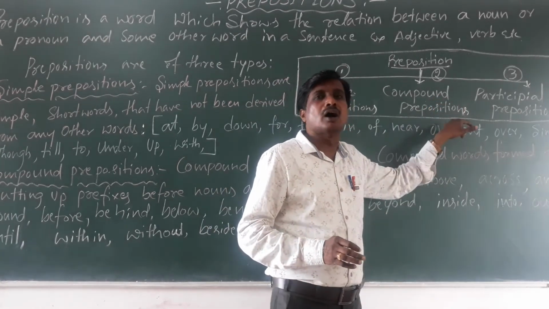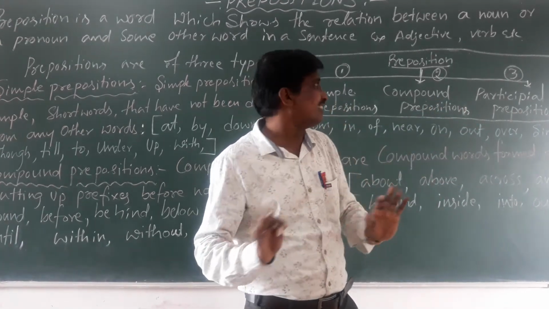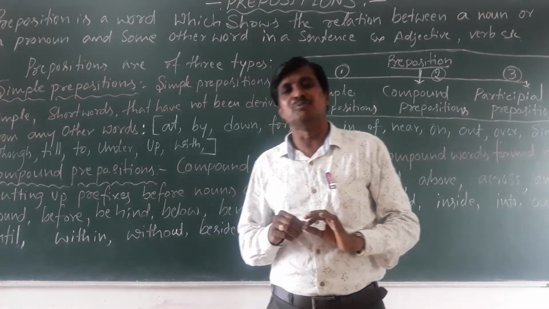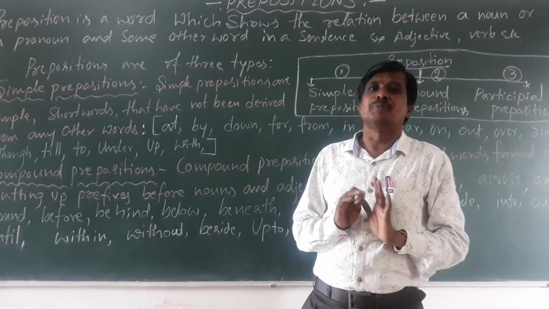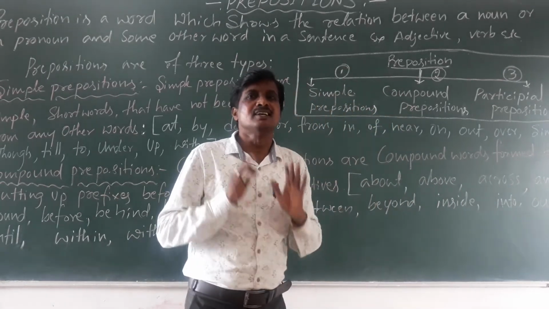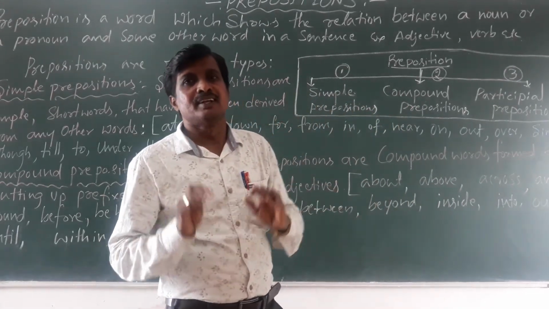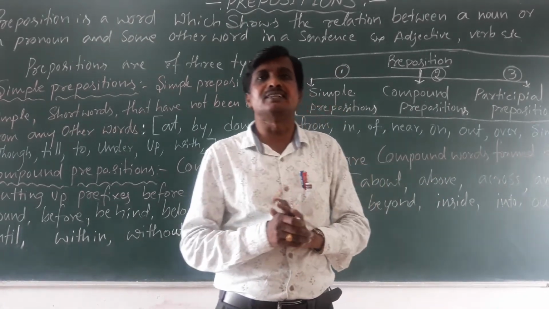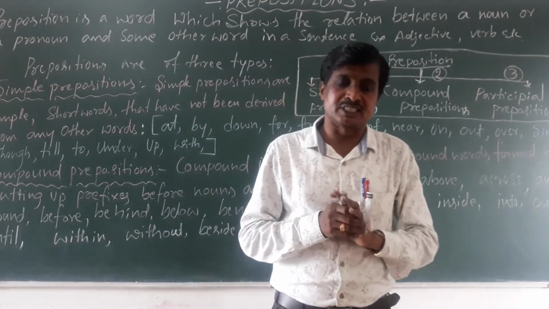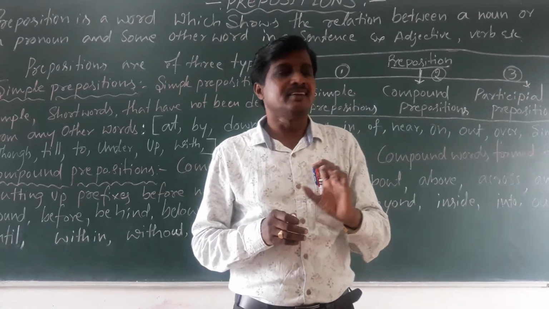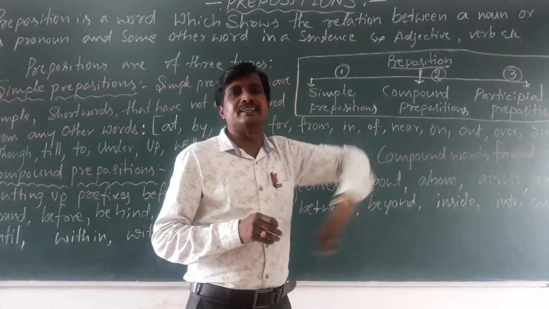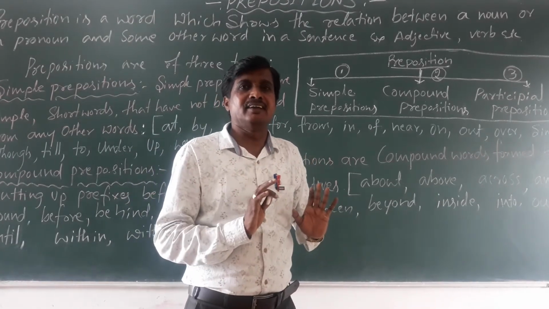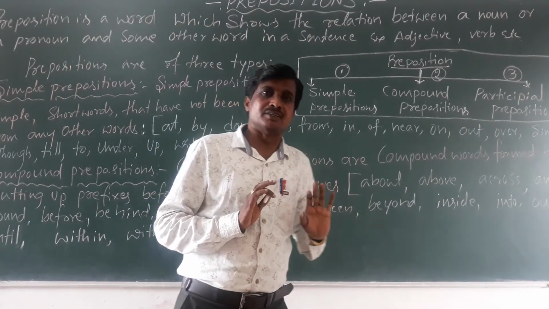And number three, participial preposition. First one is simple prepositions. Second one is compound prepositions. Third one is participial prepositions. Let us see each and every division in detail with examples.